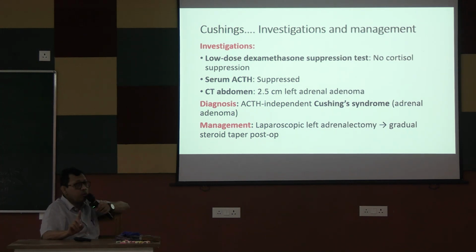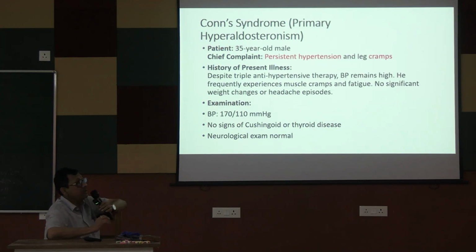Okay, so Cushing syndrome is another important short note for you in the clinics. Third is the Conn syndrome, that I said, that is the salt control by the adrenal.